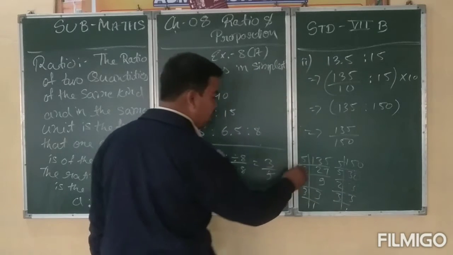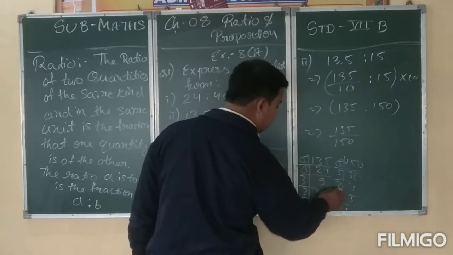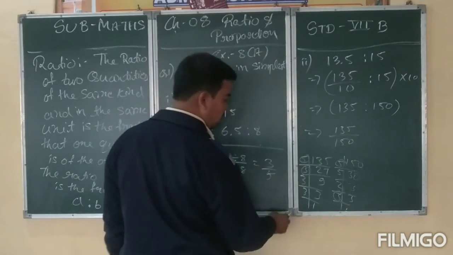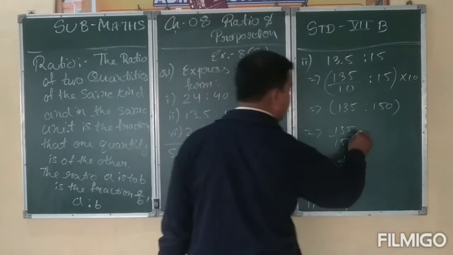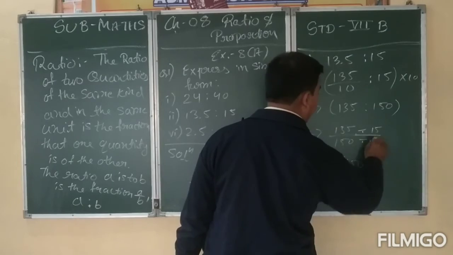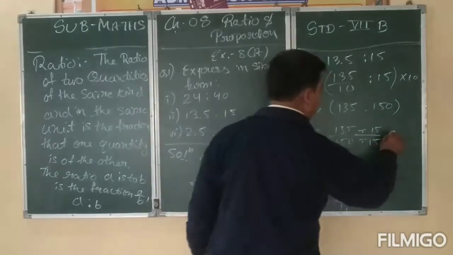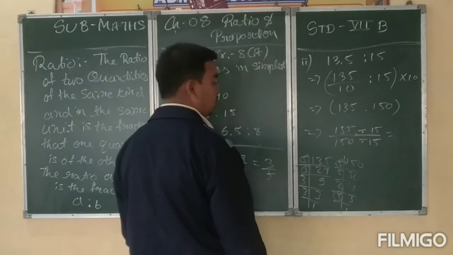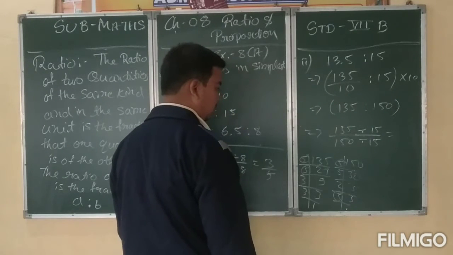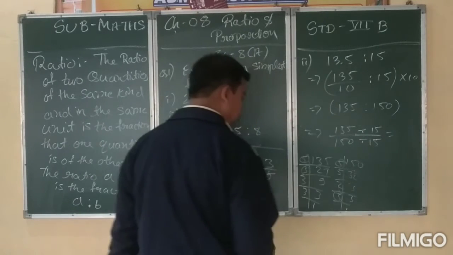So what is the common? 5, 5, 3, 3. So 5 threes are 15. So HCF is 15. These numbers are divided by 15.